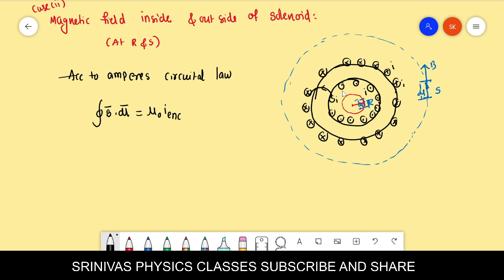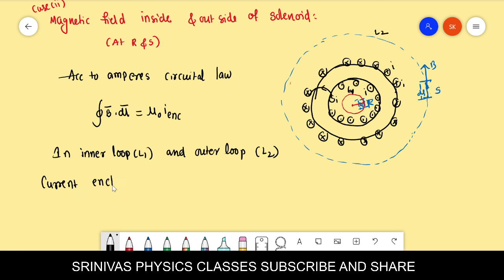But what about the current enclosed in loop 1? For example, this is loop 1, this is loop 2, the inner loop L1 and the outer loop L2. Current enclosed, how much?